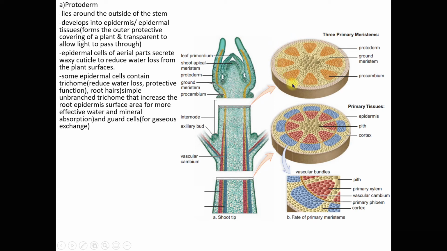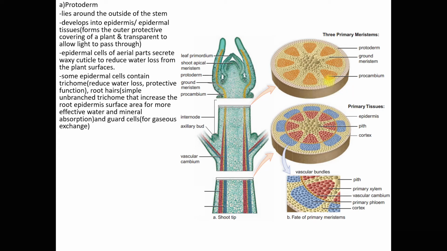So from protoderm ni, what can we get? This protoderm will develop into epidermis. So whenever you see epidermis, it came from the protoderm, or it developed from the protoderm. Now this epidermis or epidermal tissue forms the outer protective covering of a plant and is transparent to allow light to pass through.